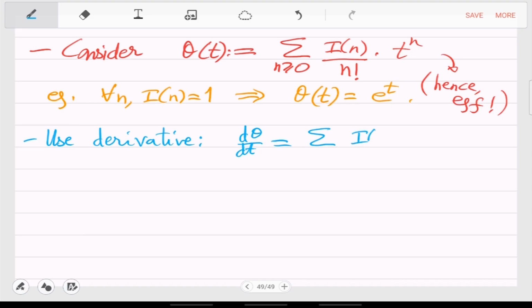Sigma In times t raised to n minus 1 over n minus 1 factorial, with n greater than or equal to 1. And now use the recurrence for In.